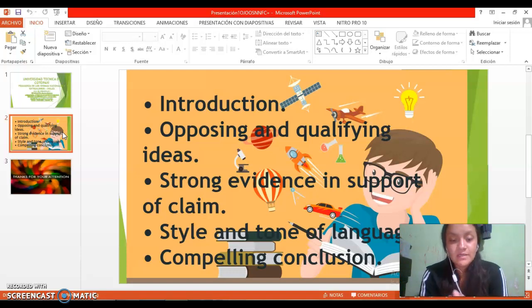Okay, según Quintana 2003, comprende la lectura como el proceso de transacción entre el lector y el texto.